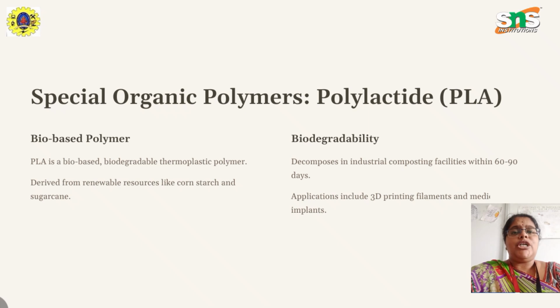It is biodegradable: it decomposes in industrial composting facilities within 60 to 90 days. So it does not contribute to pollution and helps environmental sustainability. Applications include 3D printing filaments and medical implements.